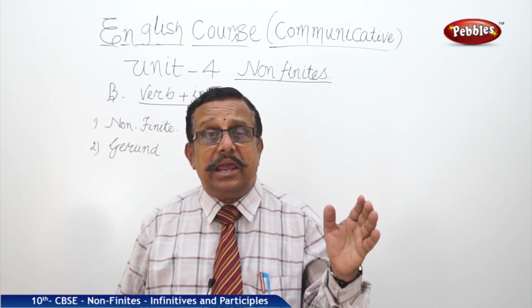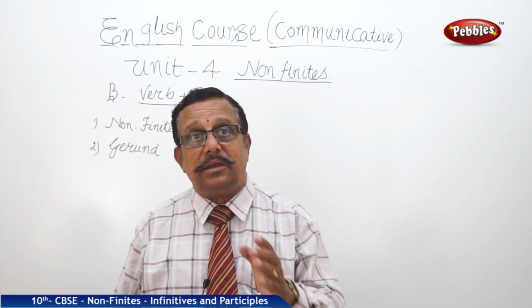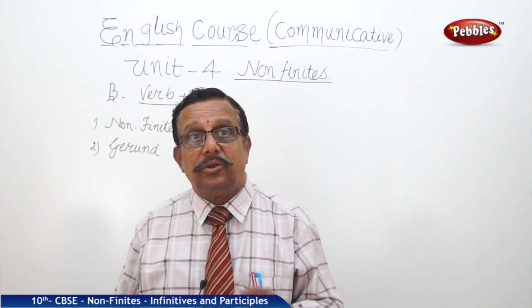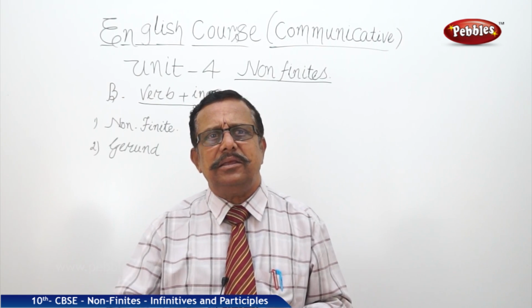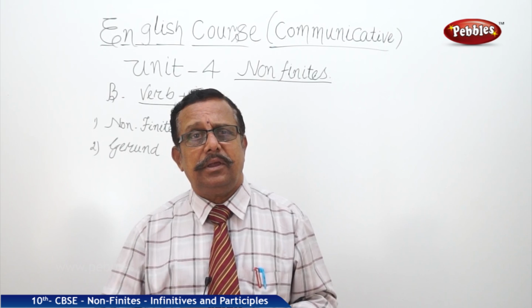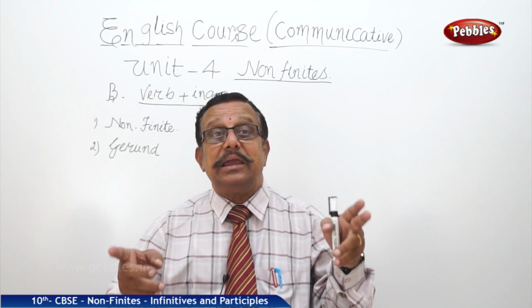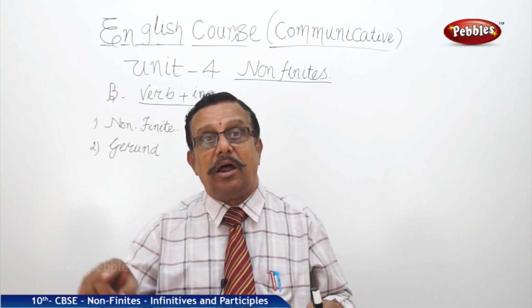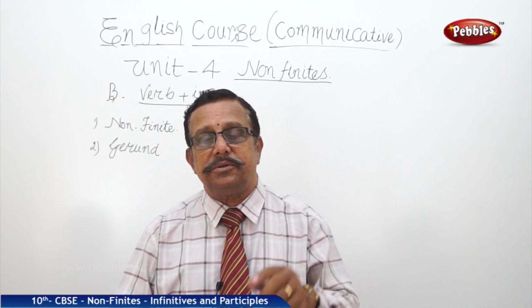Winning is his habit. Winning is his habit. So that way we are using that as a subject, and these can also be used as objects. So when the ing form of a verb can be used as a subject or an object to a verb, those are called nouns.